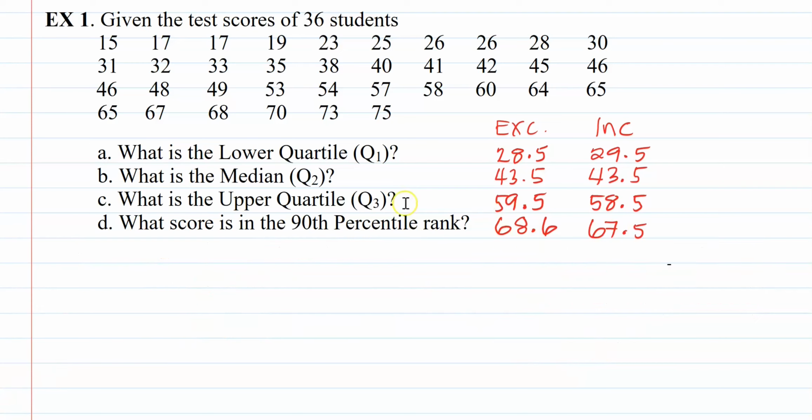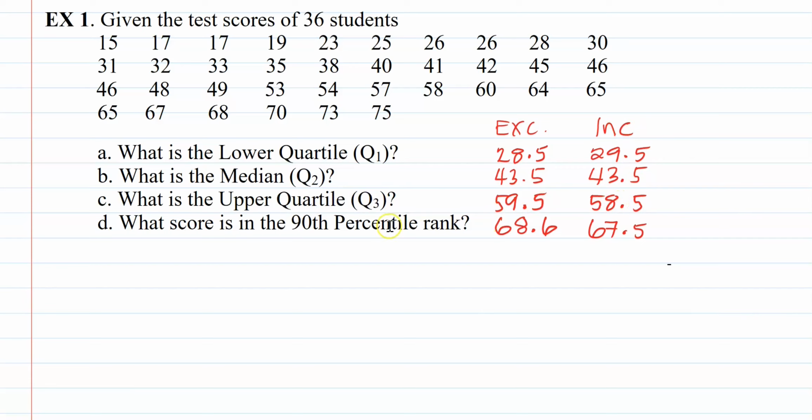So to summarize our results, for our Q1, using the exclusive method we got 28.5, and using the inclusive method it is 29.5. For Q2, the median, using the exclusive method we got 43.5, and using the inclusive method it is also 43.5. For the upper quartile, or Q3, using the exclusive method it's 59.5, and using the inclusive method it's 58.5.